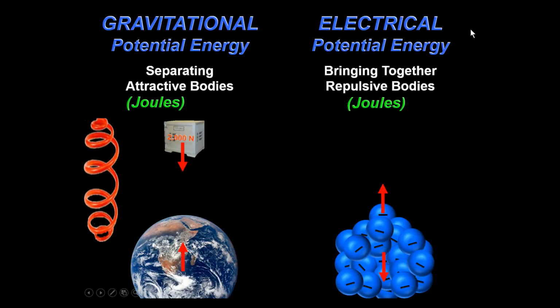So electrical potential energy is just doing work on charges, giving them energy, pushing them to where they don't want to be. It's kind of like taking the spring here, and instead of stretching it, we're going to compress it. While it's in the compressed state, it would also have spring potential energy.